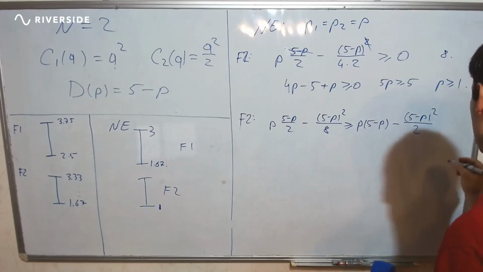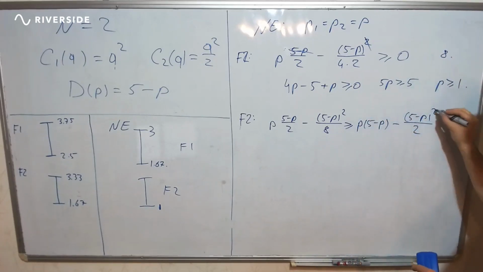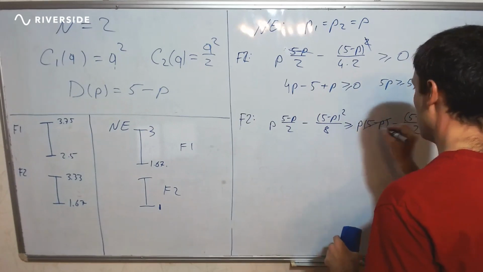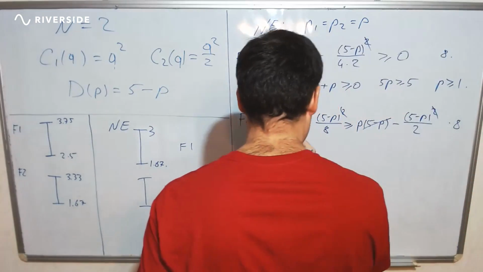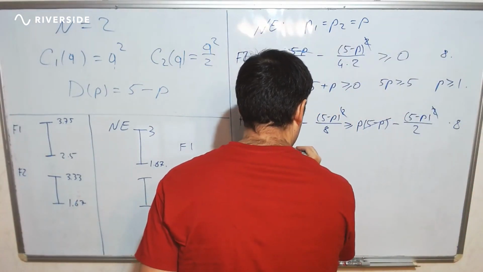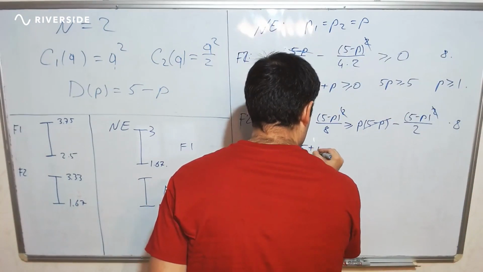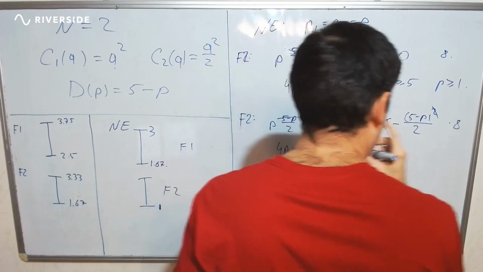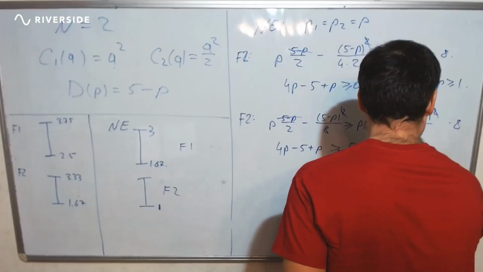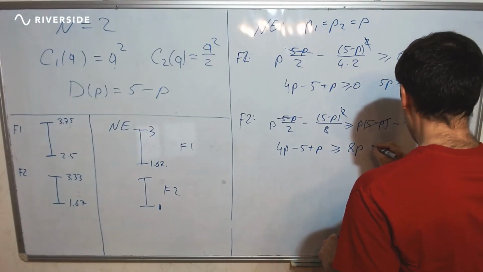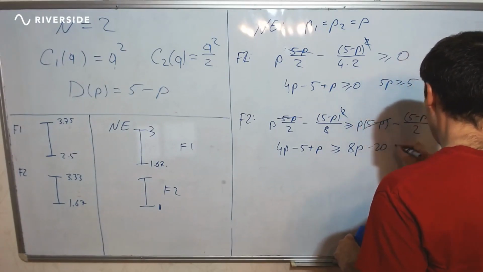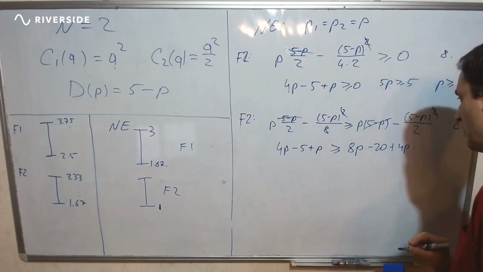Okay, so canceling 5 minus p and multiplying everything by 8, 4p minus 5 plus p, 8p minus 20 plus 4p.